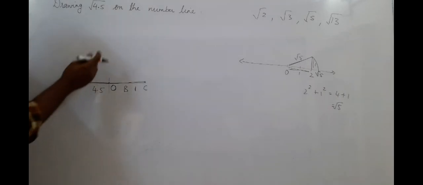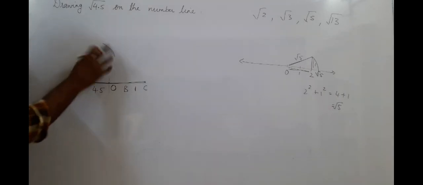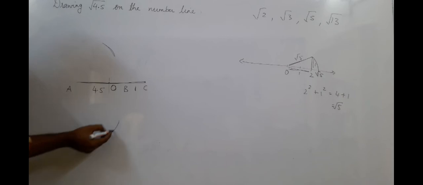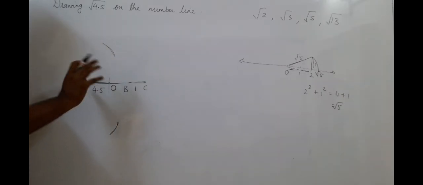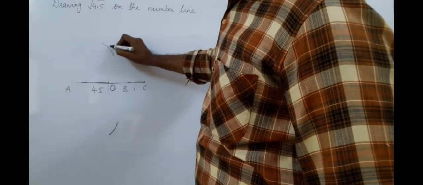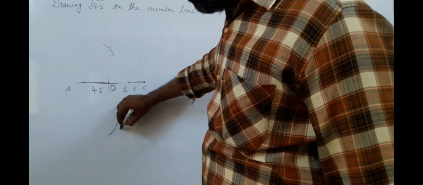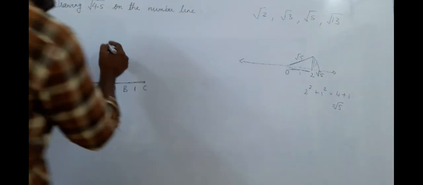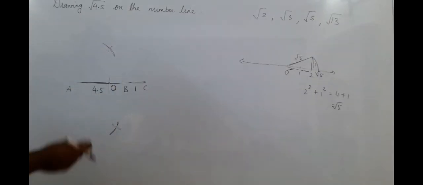So what we do, we draw an arc at the top from here and from here an arc at the bottom also. With the same radius, without changing, from C also, draw a point up and a point down. Yes, so you will get the same radius. Now when you join these 2 points, you will get the midpoint. So you have to put a scale and get the midpoint.